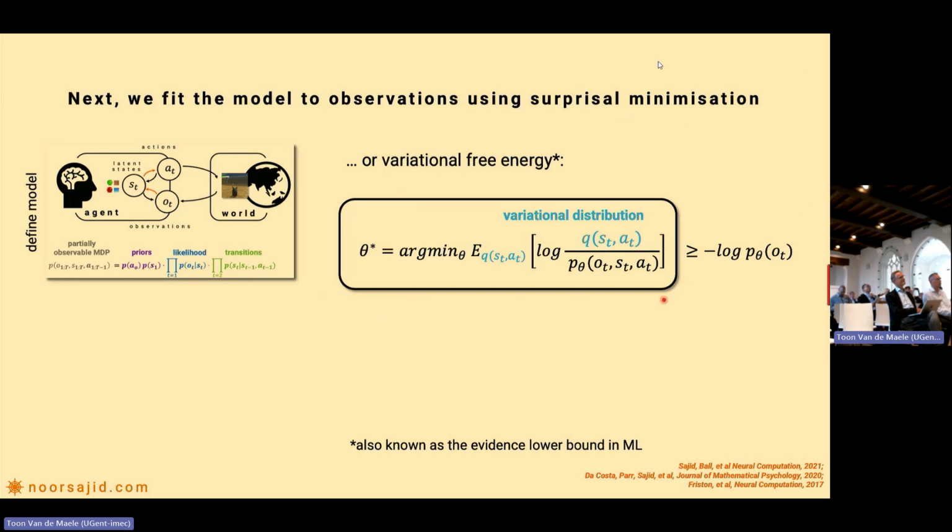This is pretty standard, and the formulation ends up being a KL divergence between the variational distribution that we have in blue here and the joint probability distribution that we just saw. By optimizing this bound on surprise, we're able to calibrate the data that we have to the model that we've tried to fit.